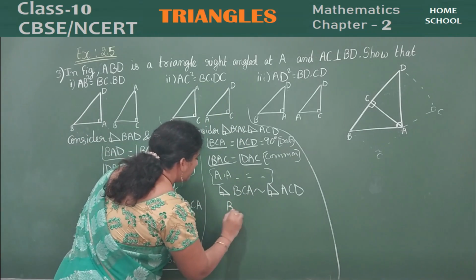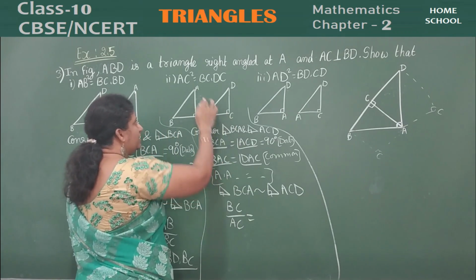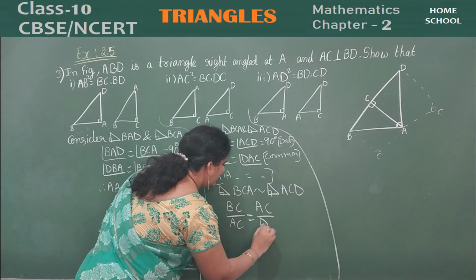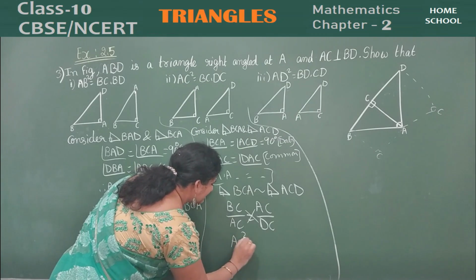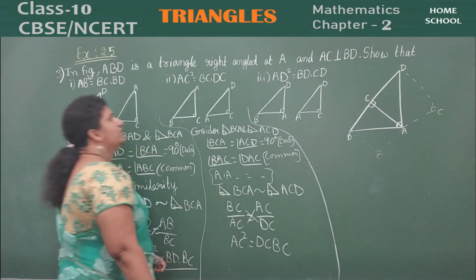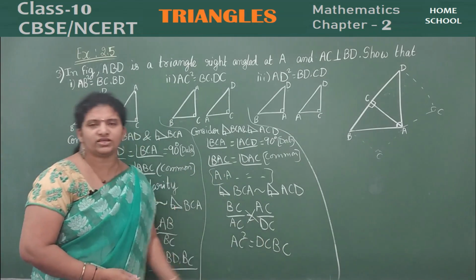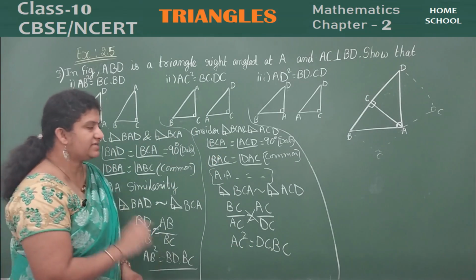That is BC by AC is equal to AC by DC. Cross multiply, AC into AC. AC square is equal to DC into BC. So look there, AC into AC, AC square is equal to BC into DC or DC into BC, both are same. Hence it is proved.